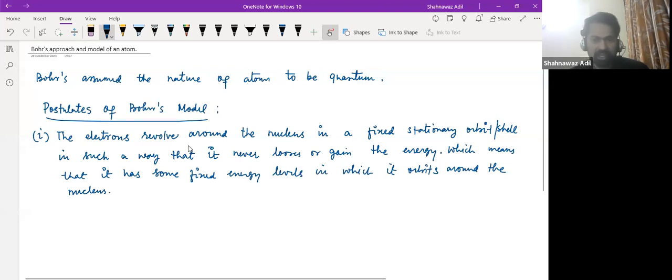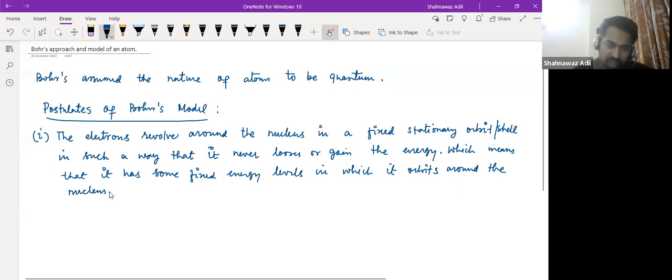From the classical approach we can never justify this, because classical electromagnetic theory states that if it revolves with some acceleration, it will surely lose its energy. But in the quantum picture, energy is quantized, and in that sense it never loses its energy. That was the first postulate, and it gave the idea of the principal quantum number.